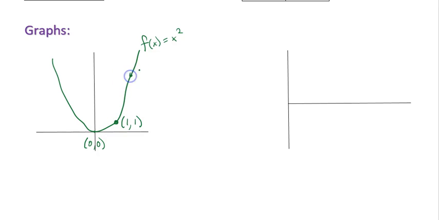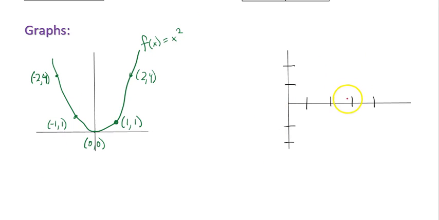We also have the point 2, 4. Over here we have the point negative 1, 1 because we're symmetric with respect to the y-axis, and the point negative 2, 4. So these are just points that are on your graph of f of x equals x squared.